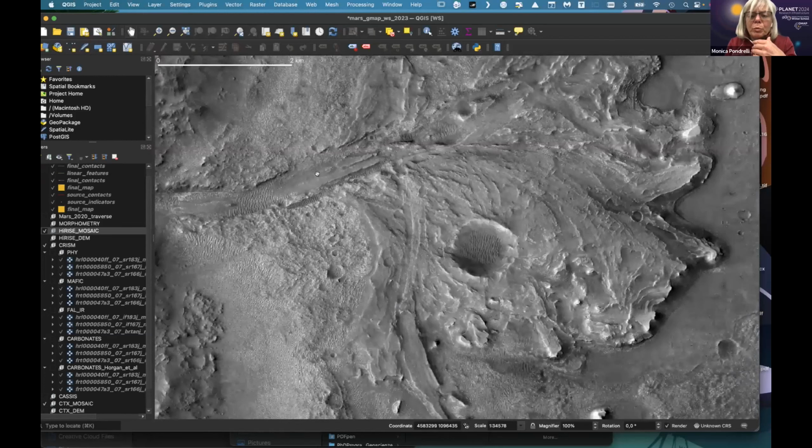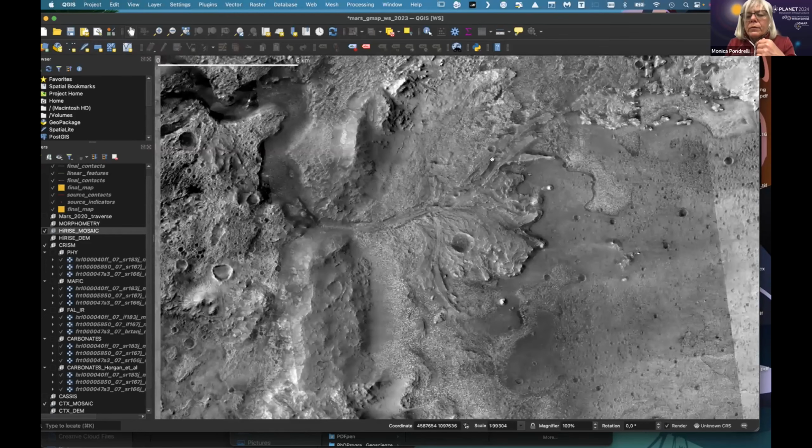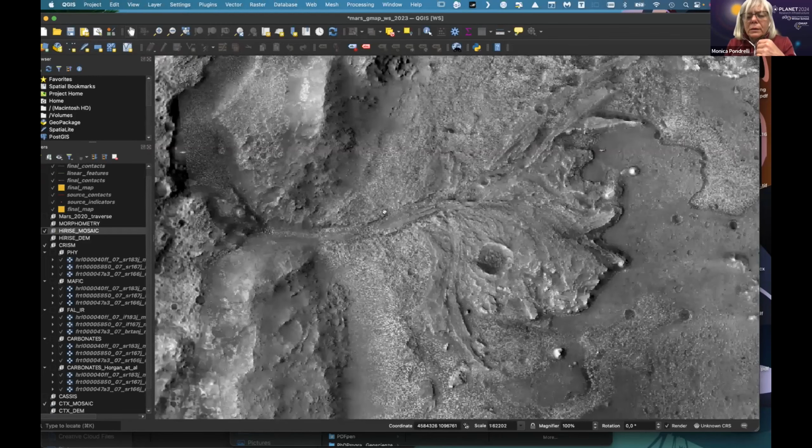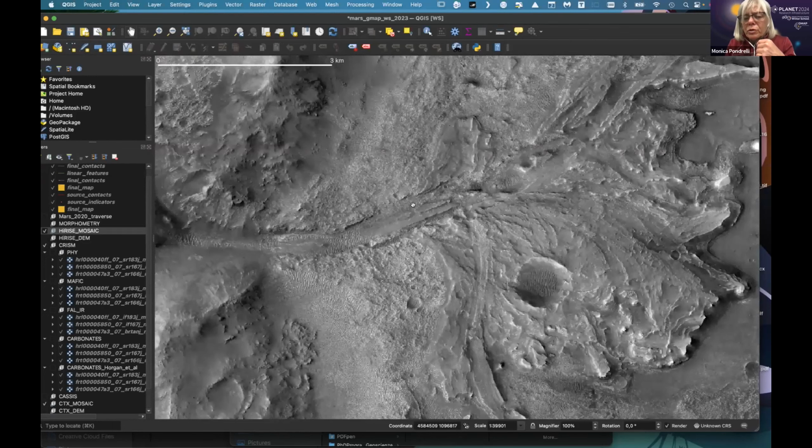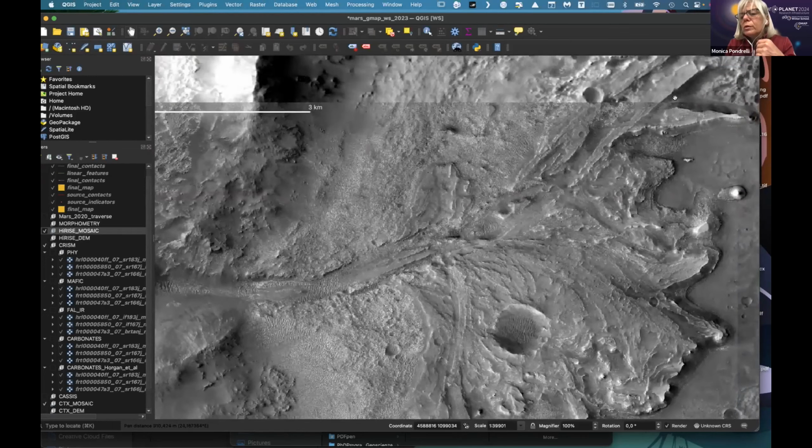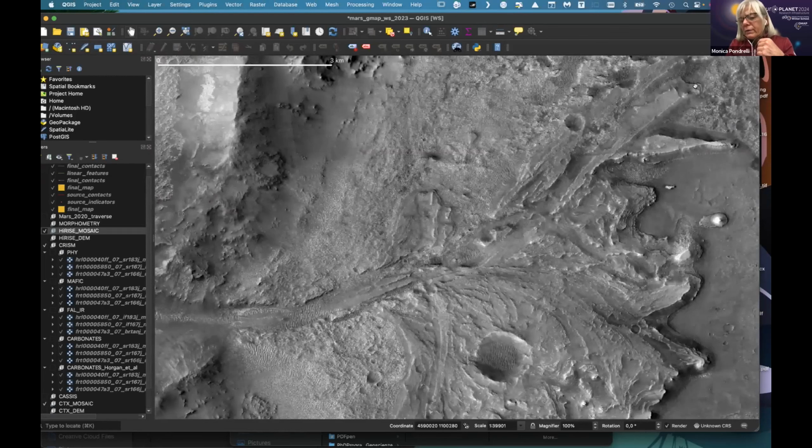which most probably suggests a water level drop, because also here there is an incision. This valley goes up to there, suggesting that the water level within the lake was dropping, and so the channel has to cut through the previous deposits in order to reach the new base level.